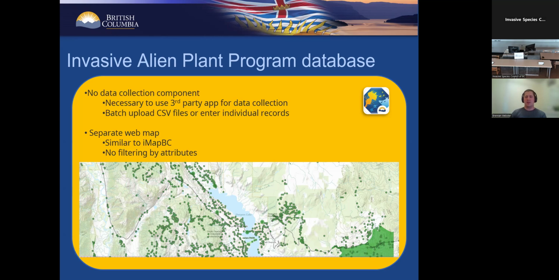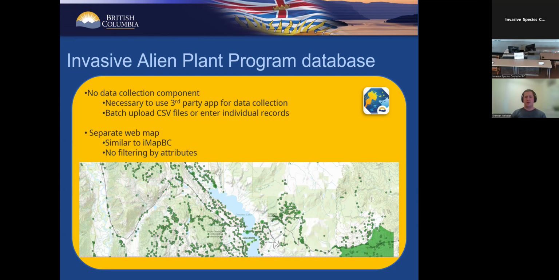Because the front end of the database is intended for use on an internet browser with an internet connection, there was no functionality for offline record creation or caching data in the field. So generally, all the user groups would use a third-party data collection app, and that comes along with its own problems.